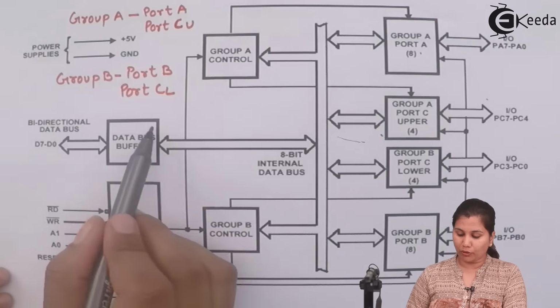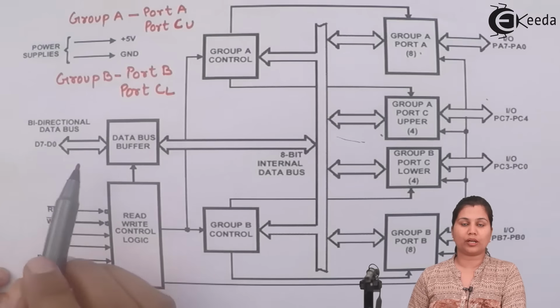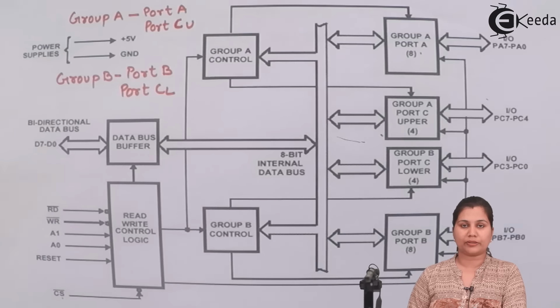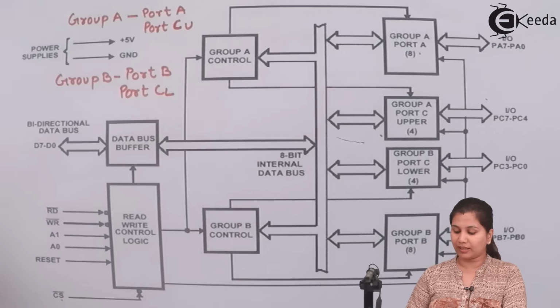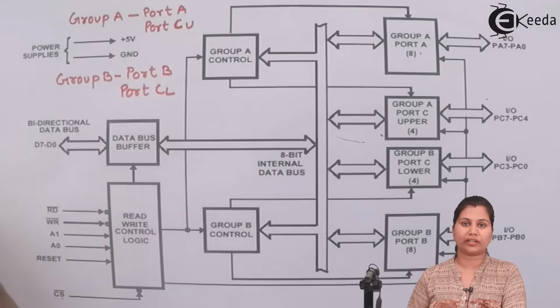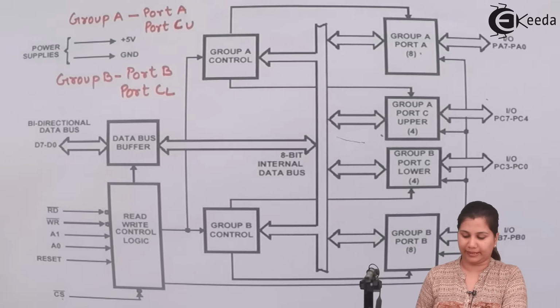So the work of this data bus buffer is to communicate with the central processing unit of the microprocessor and also with the 8255. It's a communication link which transfers the data between the 8255 and the microprocessor.